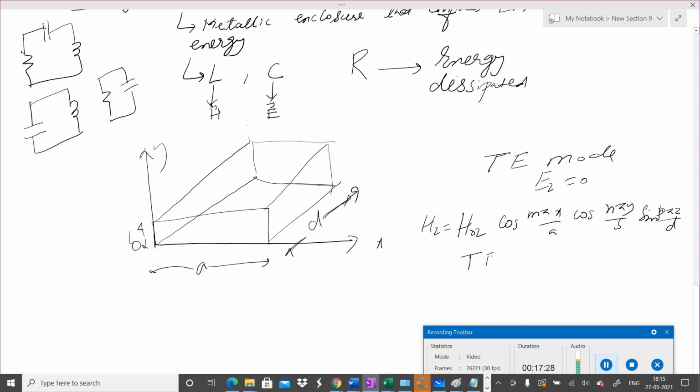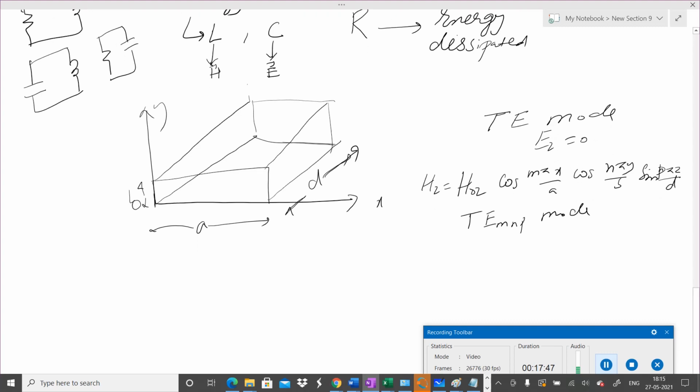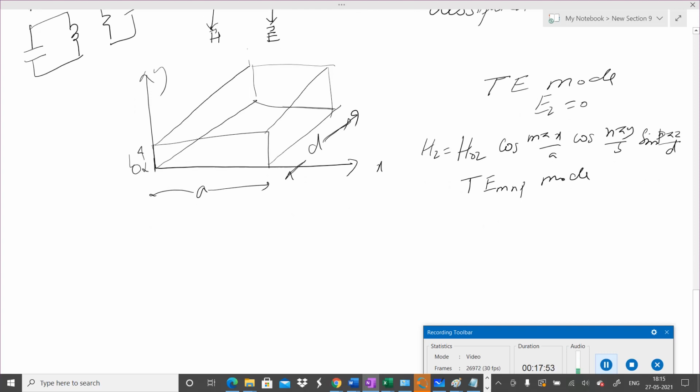So we'll call it TE mnp mode. As against waveguides, where there are only m and n, two integers, because the wave was traveling through the waveguide, getting transmitted and attenuated also. So you can think of a waveguide as equivalent to a transmission line at low frequencies, and this cavity resonator as an RLC resonator circuit, which stores the electromagnetic energy in this form.